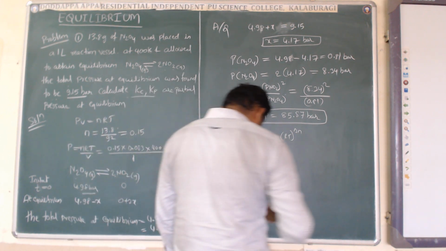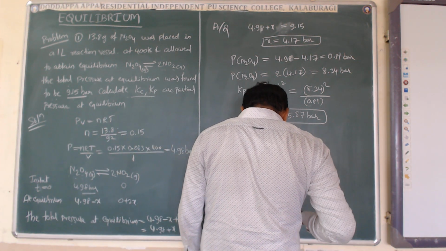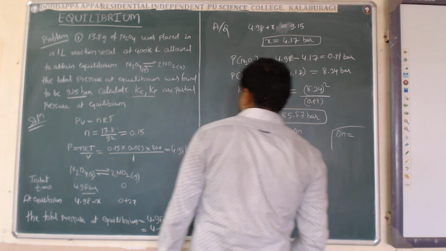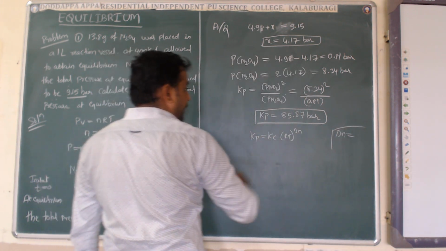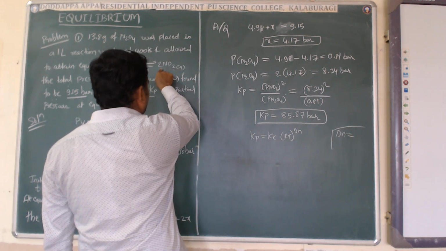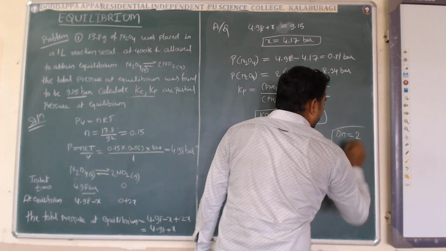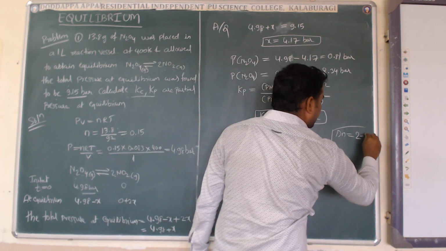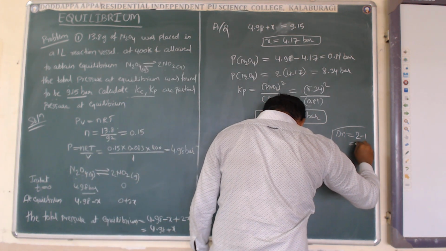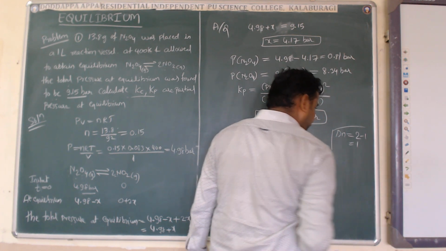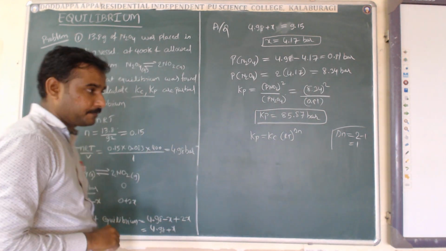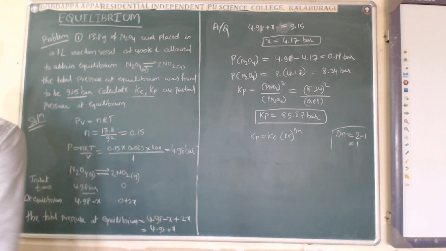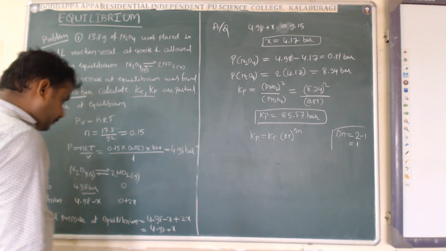Delta n is the number of moles of gaseous product, which is 2, minus the number of moles of reactant, which is 1. 2 minus 1 is 1. So delta n for this reaction is 1.